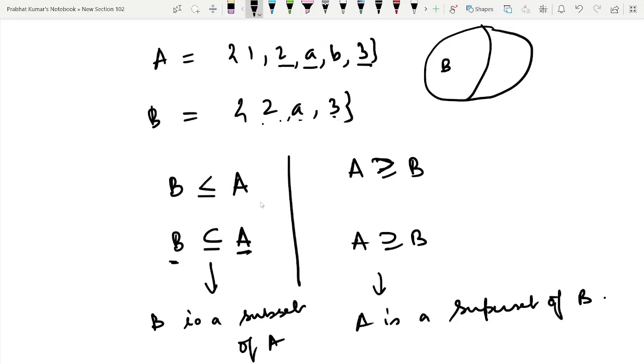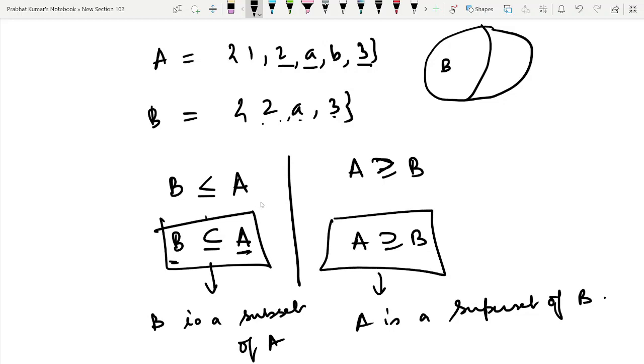So carefully look at these two symbols. We also say B is contained in A. In some sense this represents the inequality like real numbers, but not always, not in general.